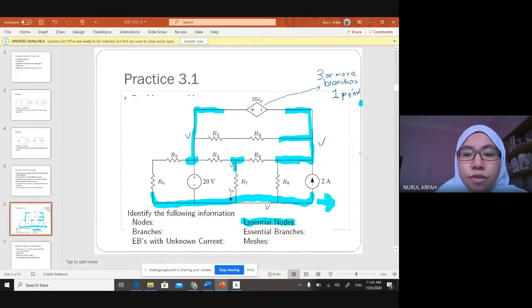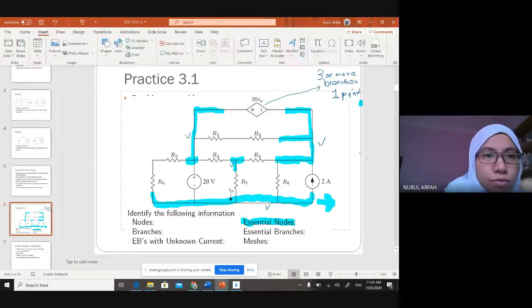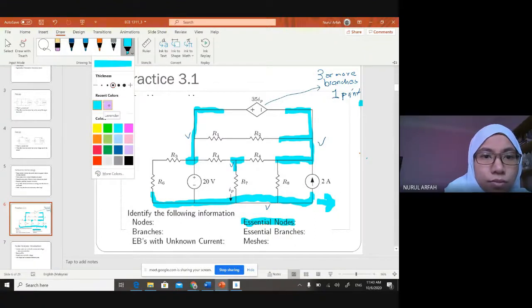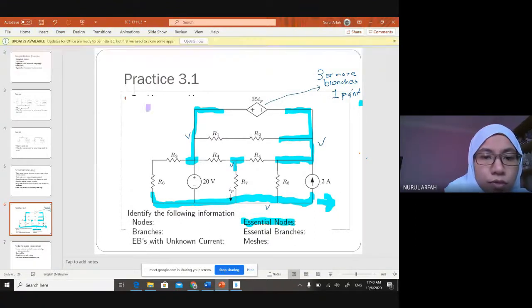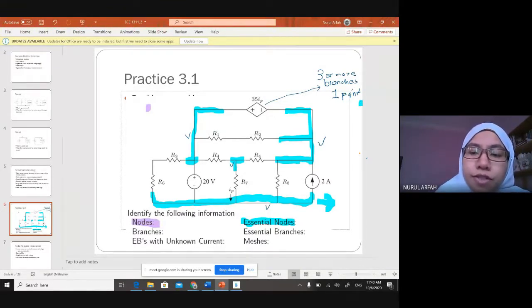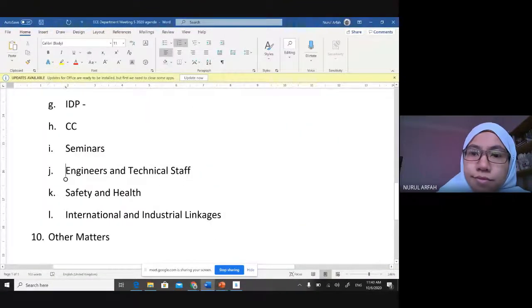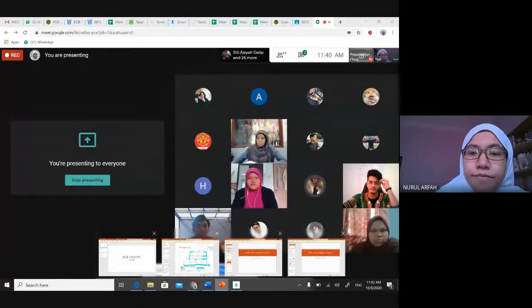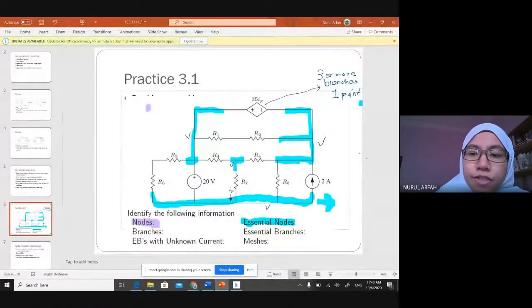Okay, good. What about a node? How many nodes do you have, including these essential nodes? Okay, you have four essential nodes plus one.